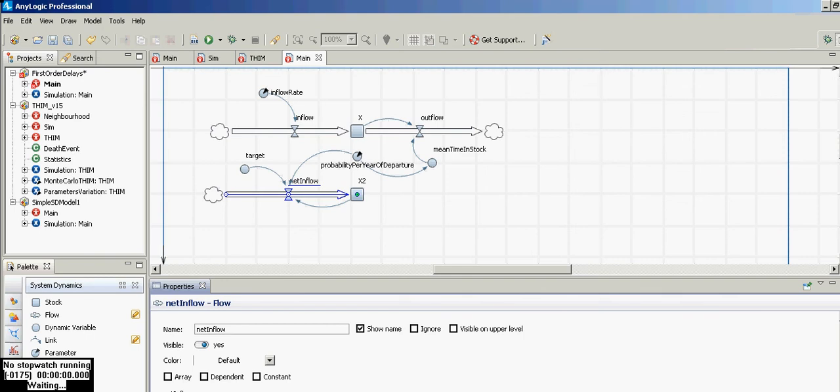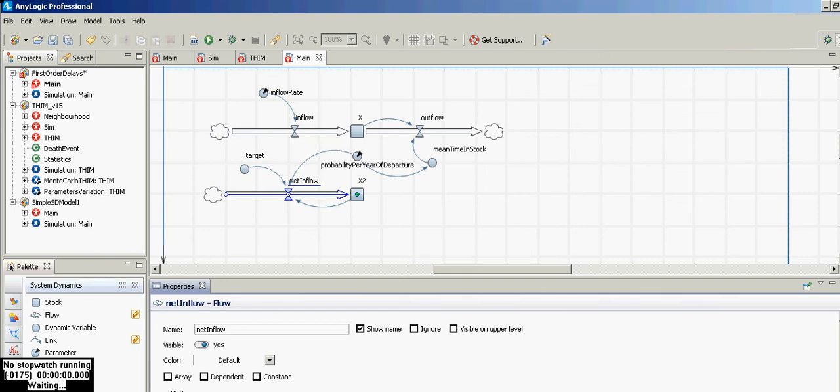Remember, this outflow here is x times probability per year of departure. We can view it like that, right? So we need a probability per year of departure. That's our adjustment time, how quickly we adjust if target is off base. If target's bigger, this reflects how quickly you adjust. Another way we could specify it would be what, ladies and gentlemen?